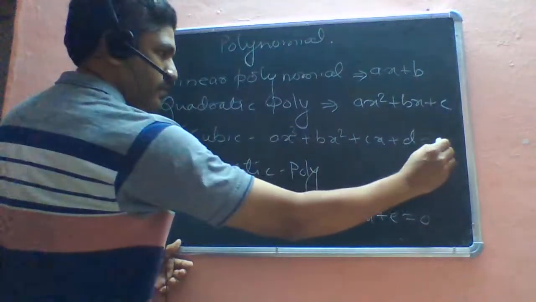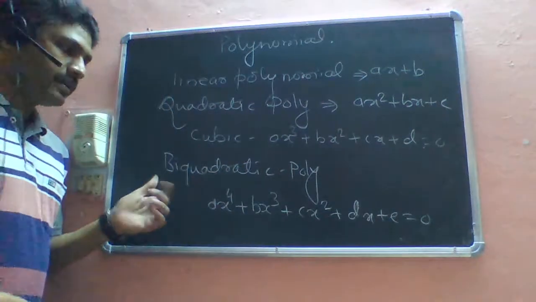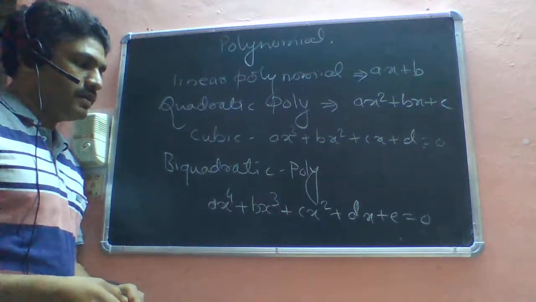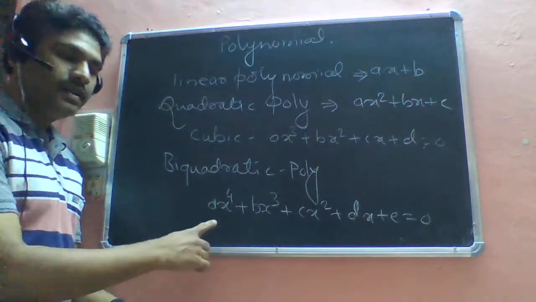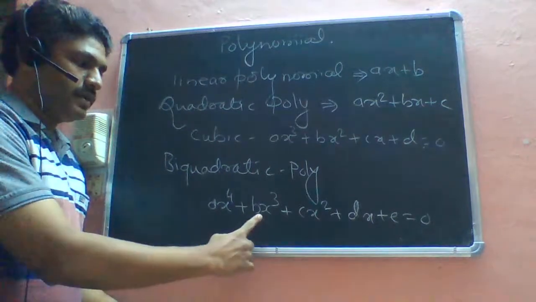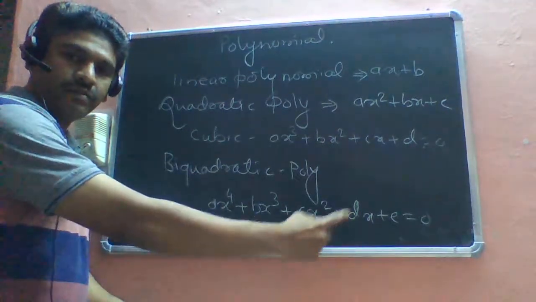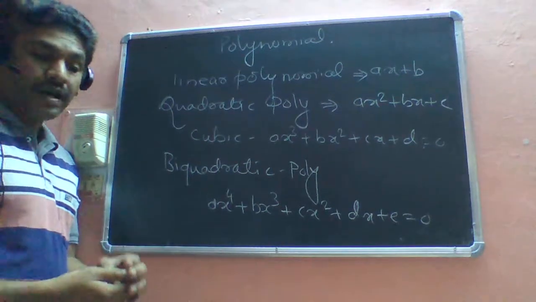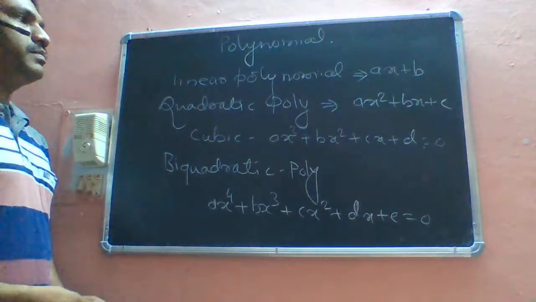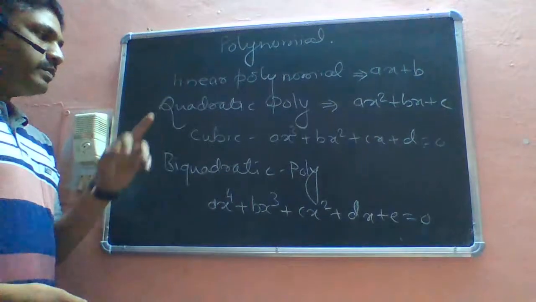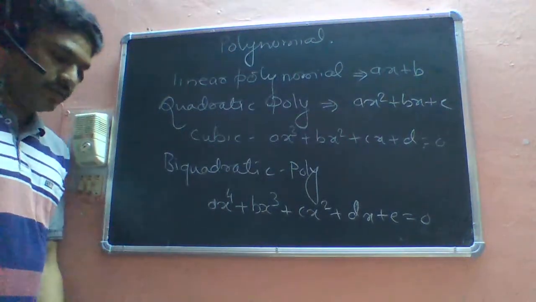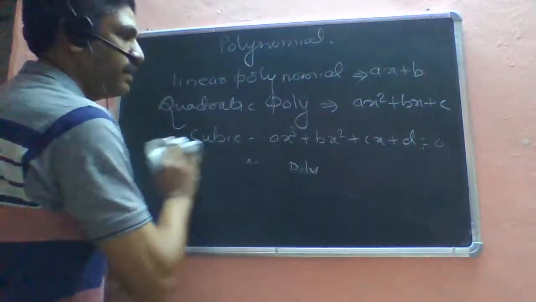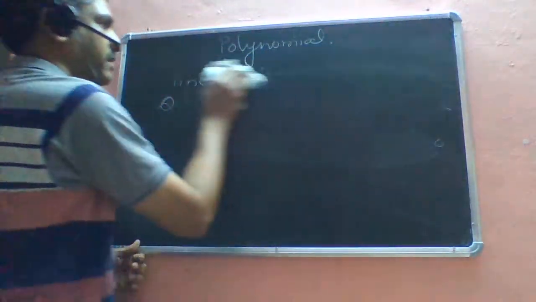And biquadratic, the highest power is 4, so you can go on decreasing the power of x, that is ax to the power 4 plus bx cube plus cx square plus dx plus e equal to 0. Alright, so we also have seen how to draw the graph of linear, quadratic, cubic and biquadratic polynomial. Let me draw the graph also, what type of graph these polynomials have.